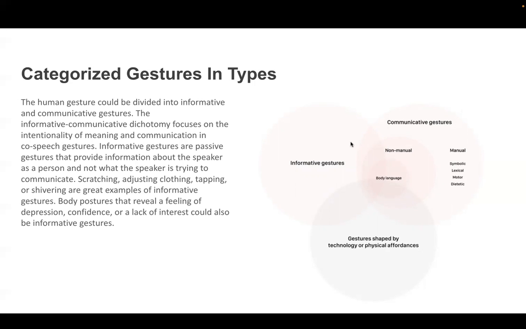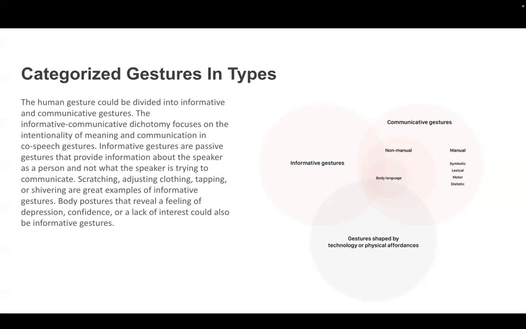But in a simple way we can understand it, we can separate human gestures into informative and communicative gestures.